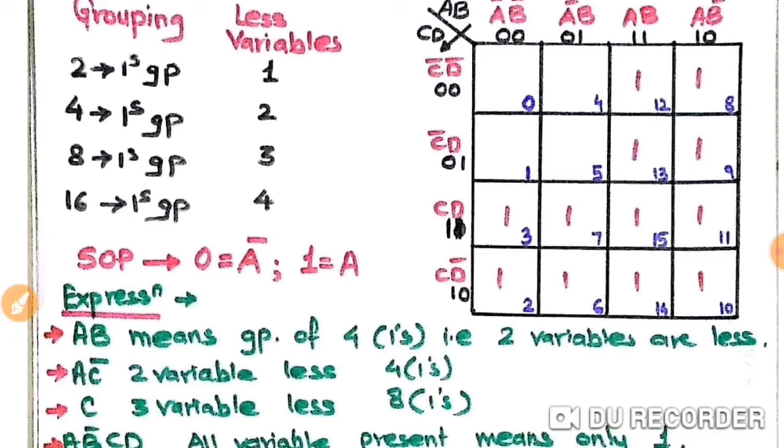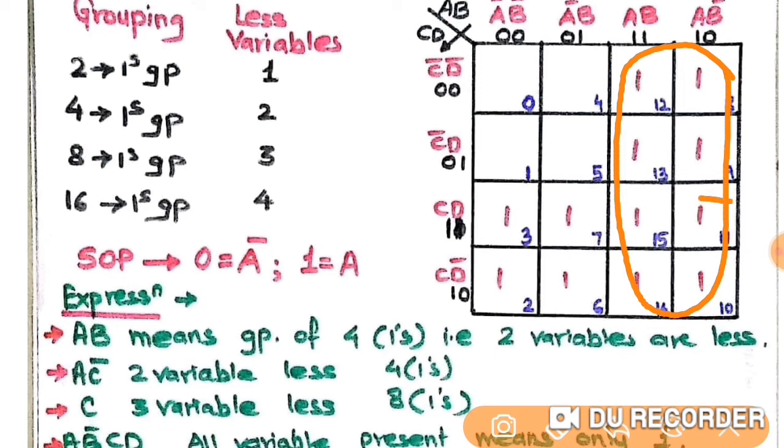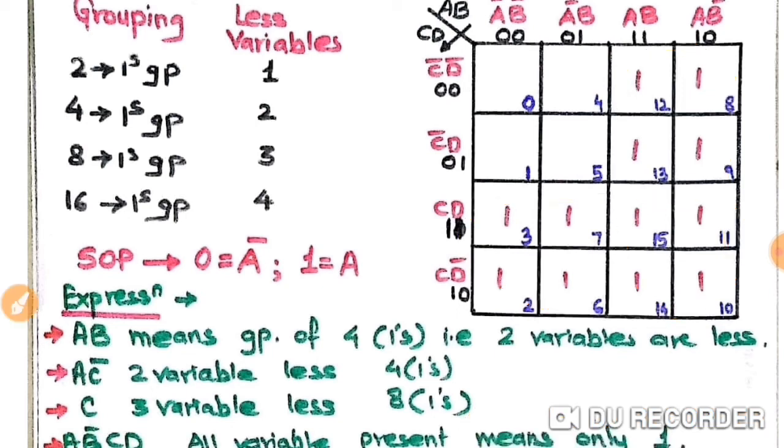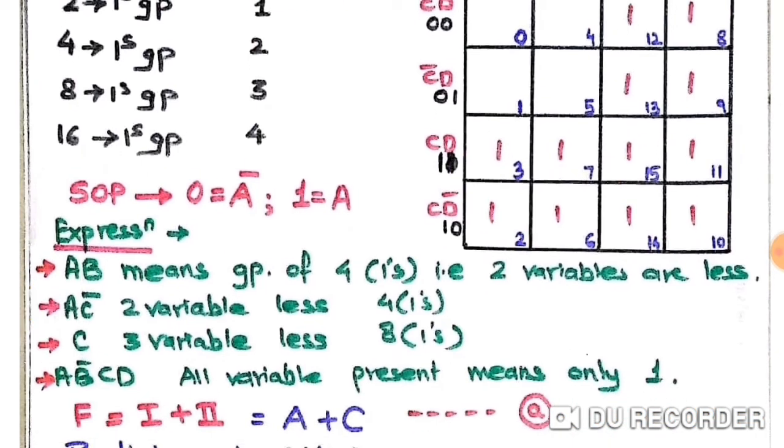If you see in the diagram, you can see that this particular diagram is having ones in a group of 8. This is one group and this is another group, right? So I have 2 groups here. So can I do anything with these 2 groups? Yes, obviously I can do it.